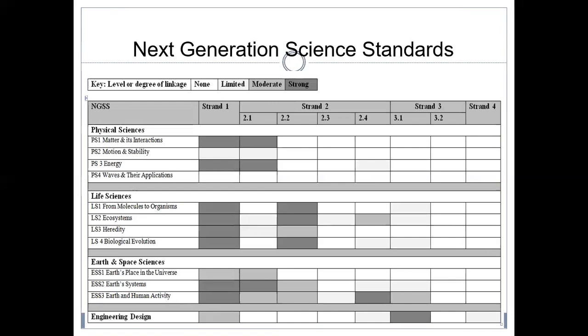So you can see the strands across the top and the different content areas within the Next Generation Science Standards down the left-hand side, really looking for what's the overlap and how do we find all of these pieces within what we want students to know and be able to do. And if it's not there, should it be? So this was a great way to look at those standards and what's there.